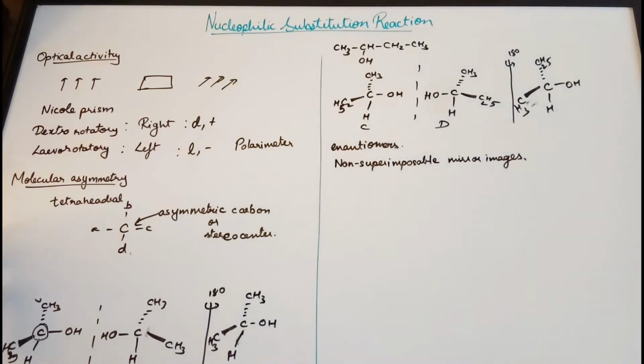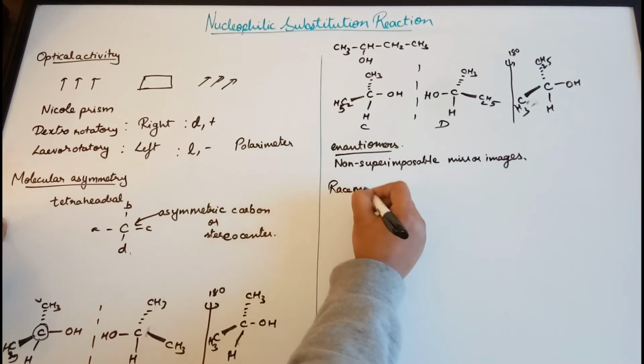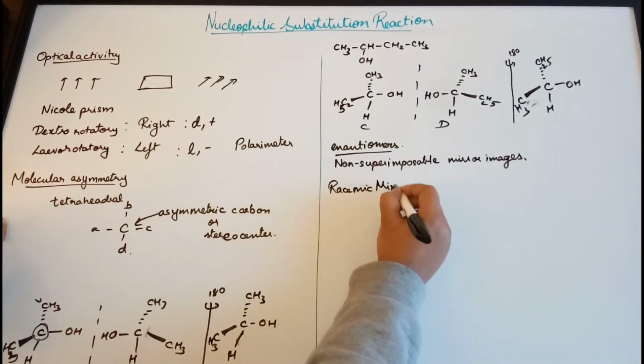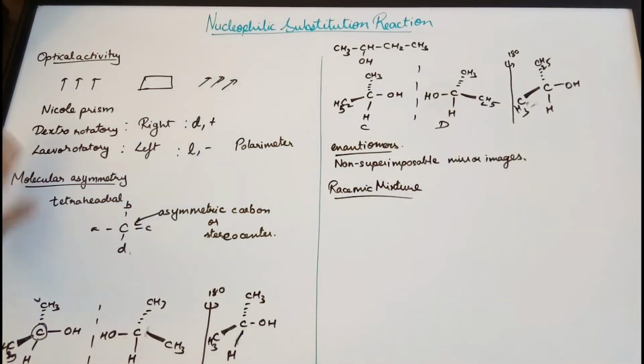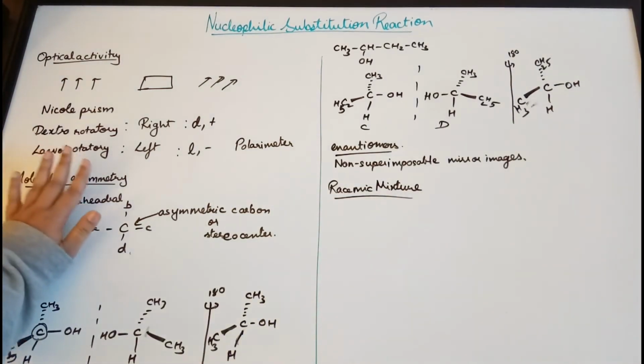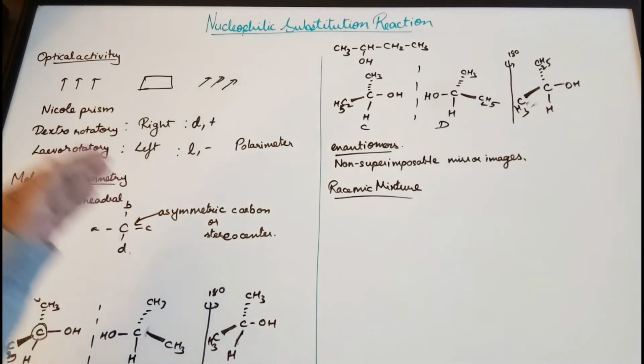Okay, now when we talk about enantiomers, we also need to talk about something called a racemic mixture. Now, as I told you, optical activity. When a molecule is showing optical activity, it can rotate the plane of plane polarized light to the right or the left.